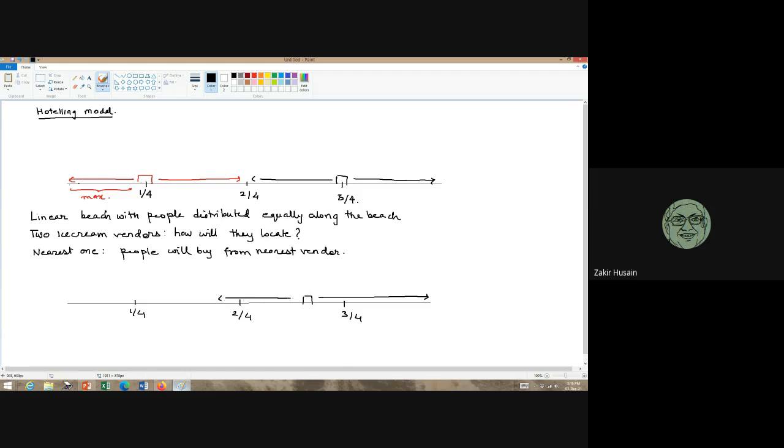So he's going to capture part of this. This distance will have to be halved. So his market share falls, and here the share increases. What will this person do?